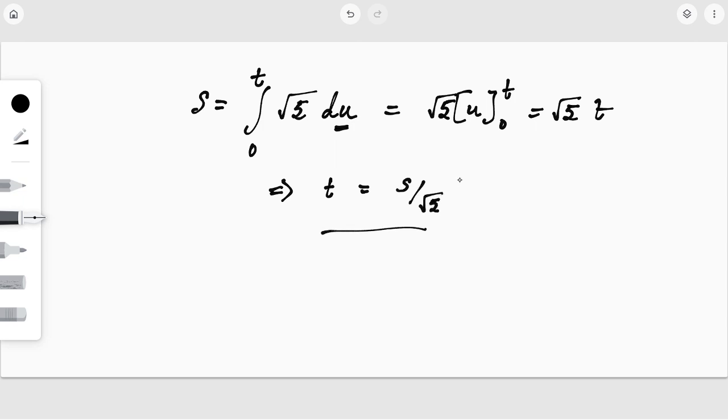Using this substitution we can find the vector function in terms of the parameter s, and s is the arc length.